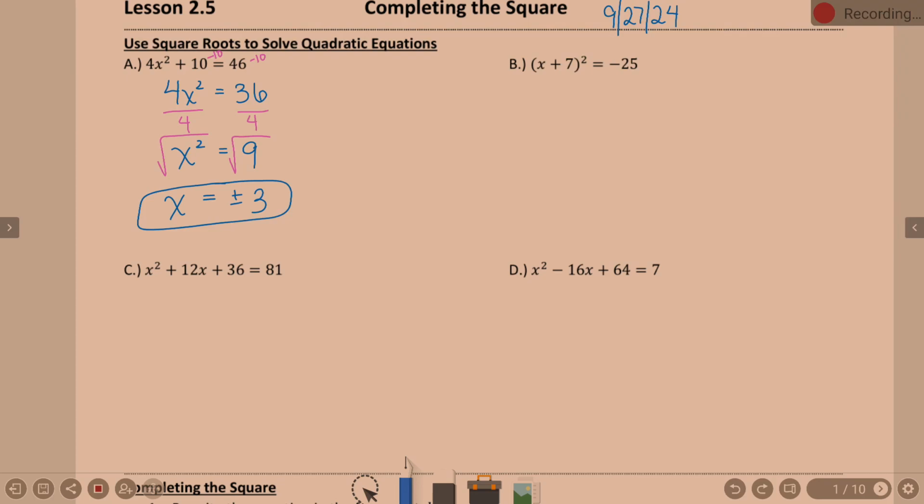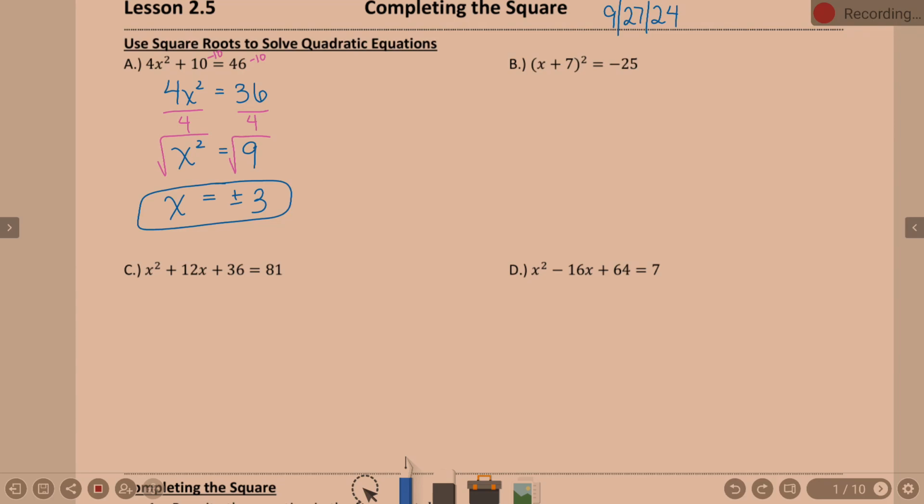Okay? Now, as we go over here to B, x plus 7 quantity squared equals negative 25. Notice it said use square roots to solve these, right? That's our plan in this first section. On the left, if it's x plus 7 quantity squared, is that a perfect square?